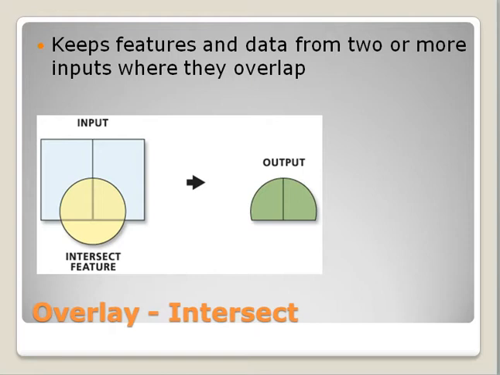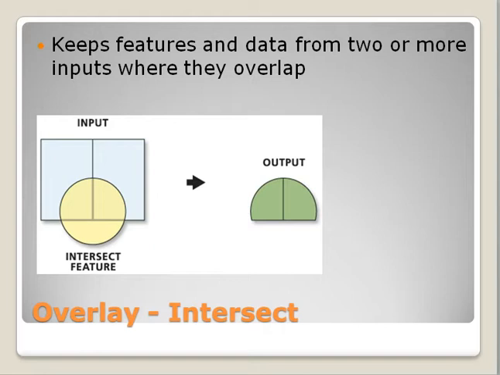An overlay or an intersect is a process that takes 2 different layers of data, 2 polygon layers, and gives you a new feature class based on where the 2 layers overlap, and ignores where the layers do not overlap.